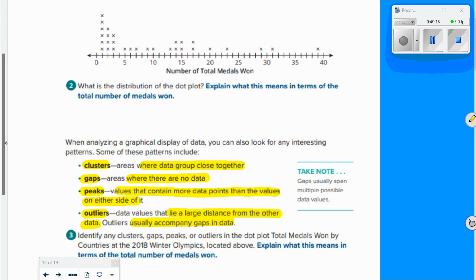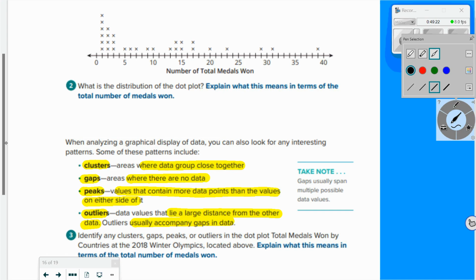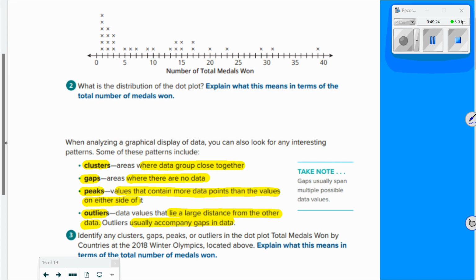So as we look at this data set, and here's one of the ironies in this, there's not technically a really correct answer. There's several ways you could view this. The way I would view it, I would say we have a cluster here. You have a cluster here.